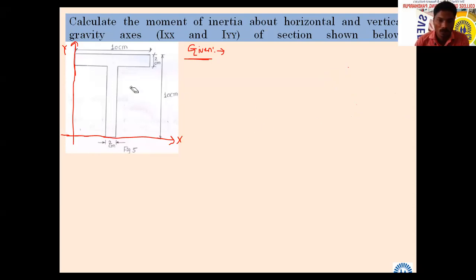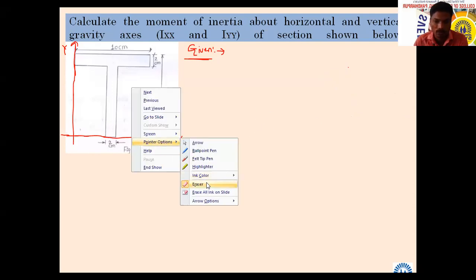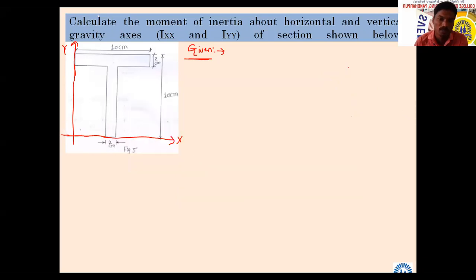About y-axis symmetrical only. Yes, about y-axis. This object means, which coordinate can you find first without calculation? Which coordinate of the centroid can you get? X coordinate. Yes, x coordinate.